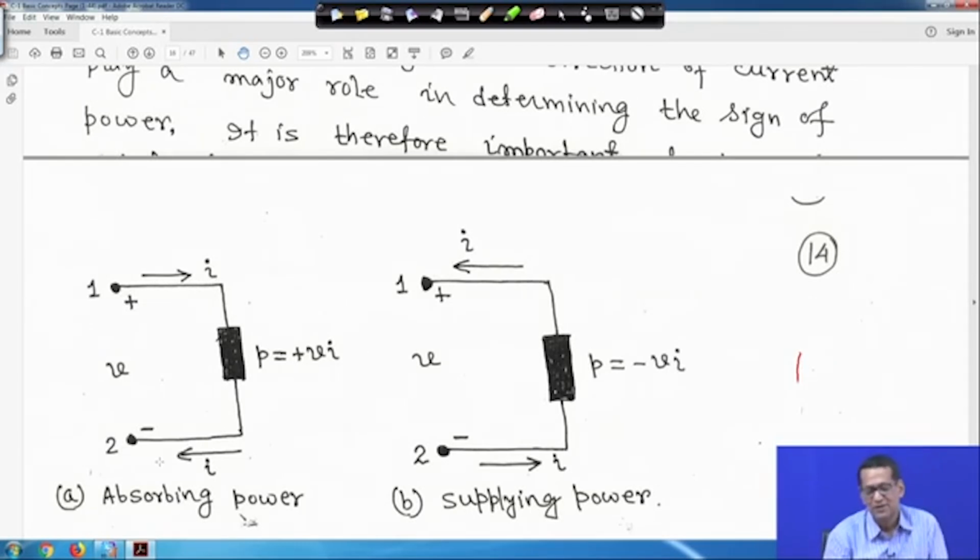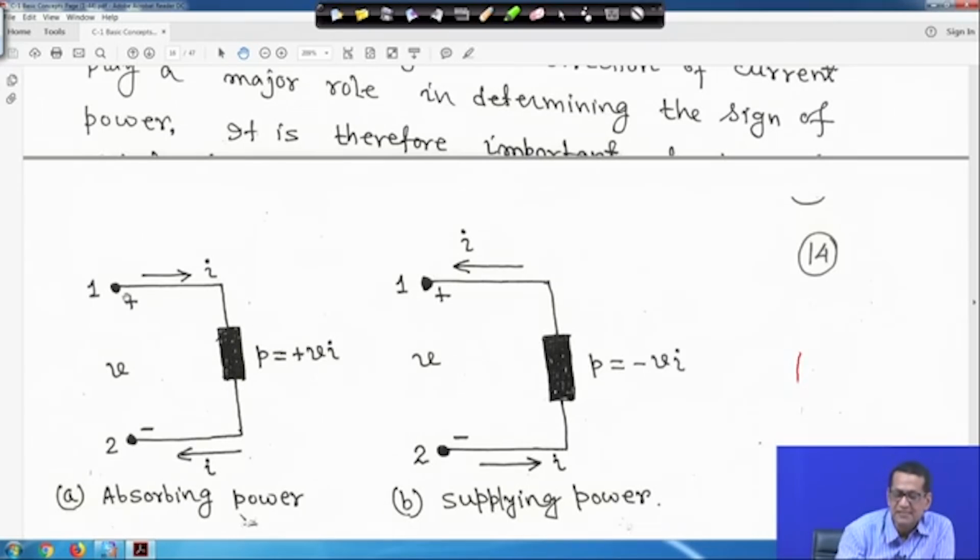Whenever a current enters the positive terminal, we take the sign of the current as positive. This current is entering from the plus terminal, so P is equal to V into I. That is why power is positive, which means this element is absorbing electrical power.